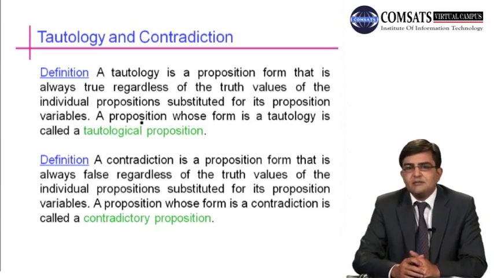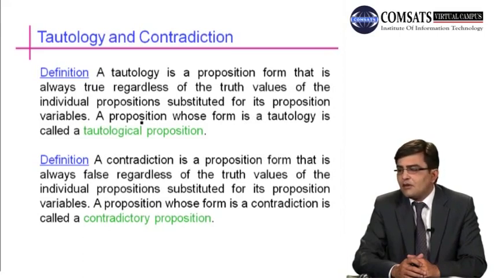The condition for a compound proposition to be a tautology is that its truth value is always true, regardless of the truth values of the individual propositions. And a proposition whose form is a tautology is called a tautological proposition.